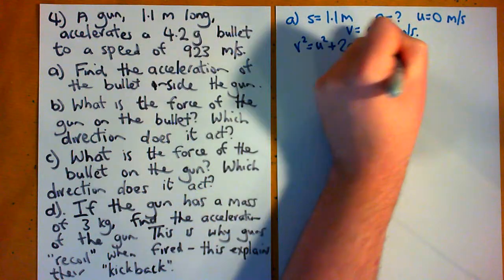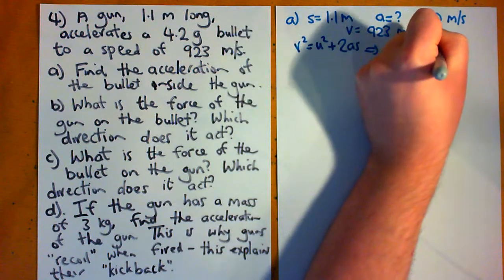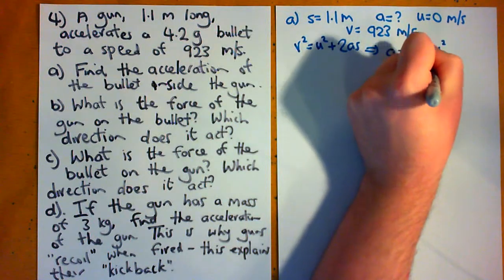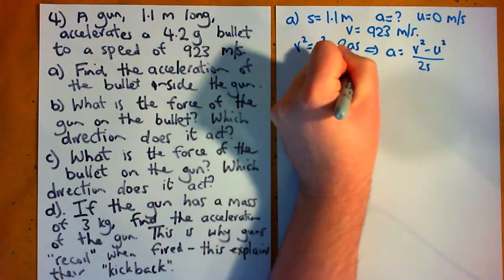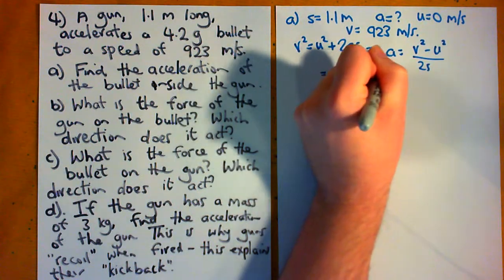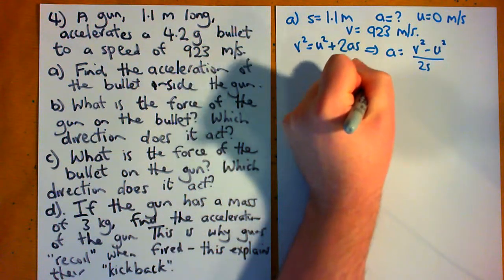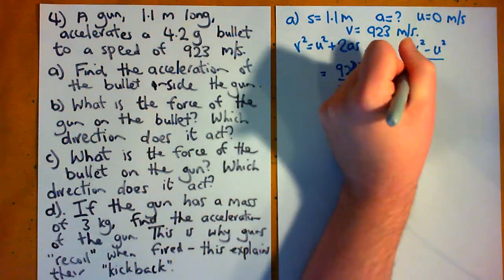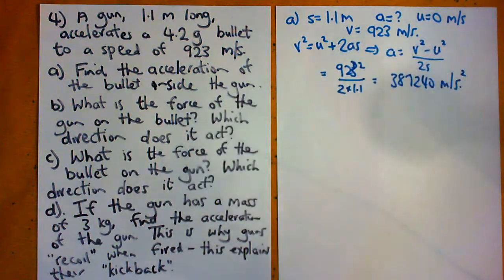And if we solve that for A, first we move the U squared to the other side, so that becomes V squared minus U squared equals 2AS, so we divide by 2S, which is going to be equal to 923 squared minus 0 squared over 2 times 1.1, which gives you 387,240 metres per second squared. So that's the acceleration of the bullet inside the gun.